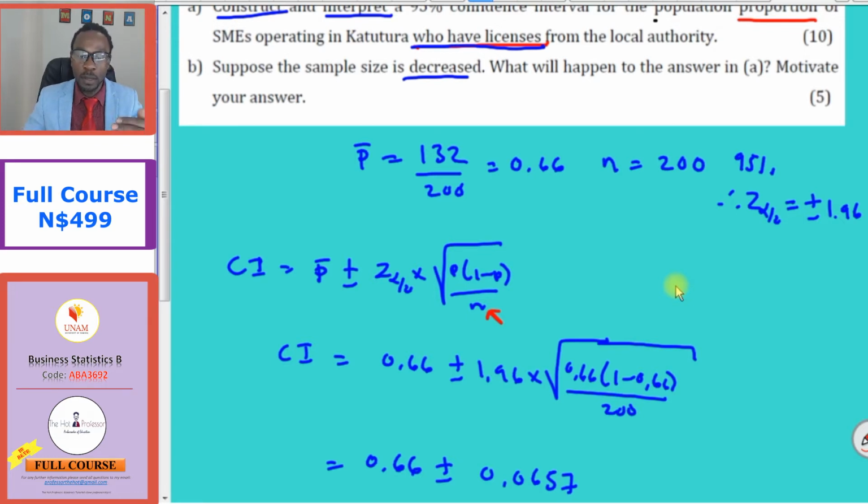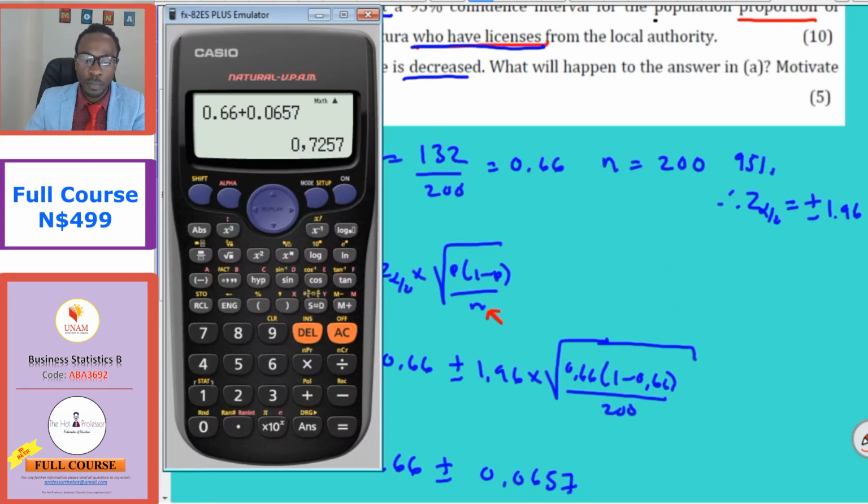Anytime you decrease your sample size or your denominator, in this case you can see there's a fraction here. The top part is the sample proportion, and the bottom part is our sample size. So we are decreasing.